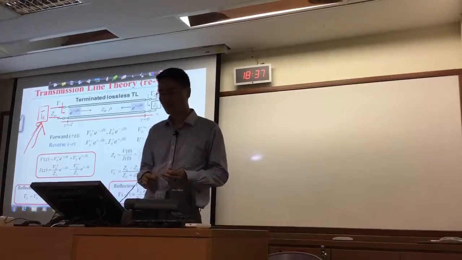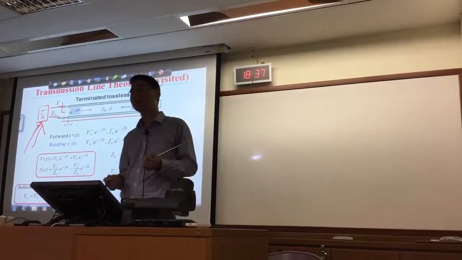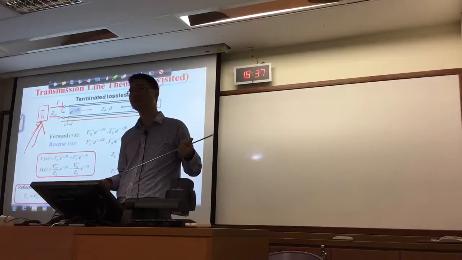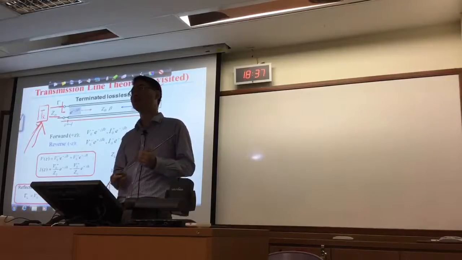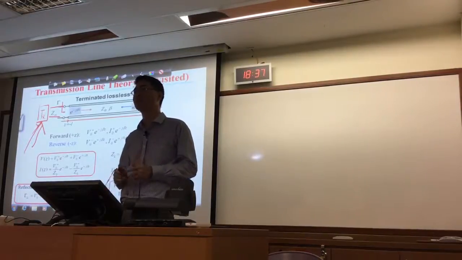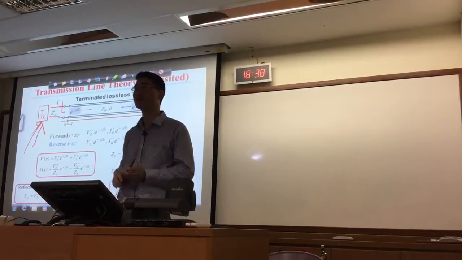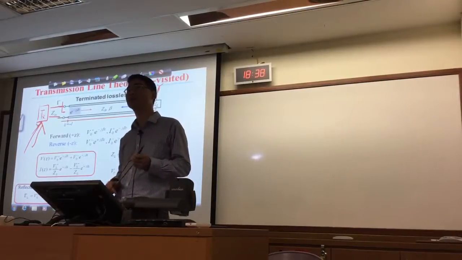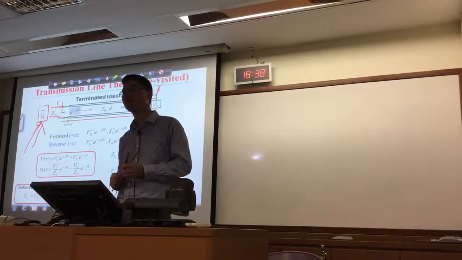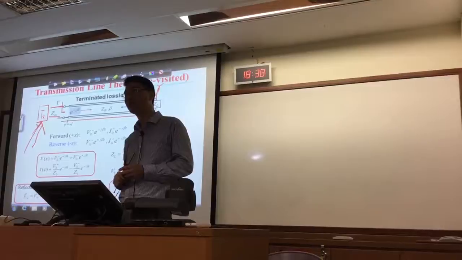So, for instance, for base station antenna design, a typical base station is, for instance, a rooftop base station for cellular phones. I guess you have seen many rooftop antennas, right? The transmit power is huge.